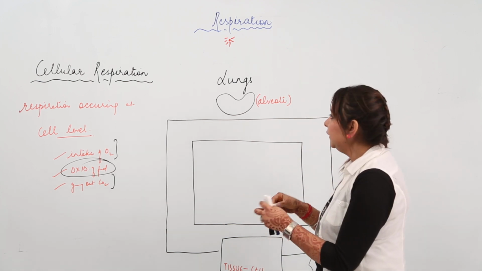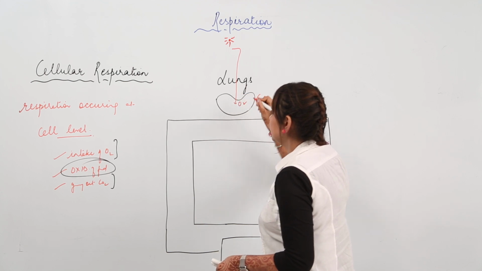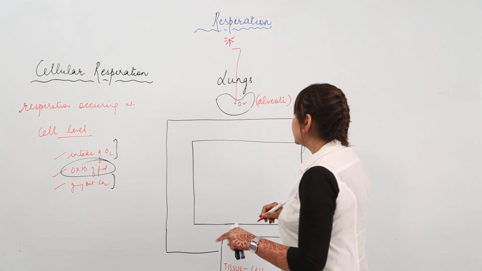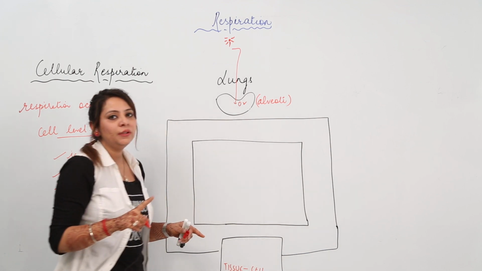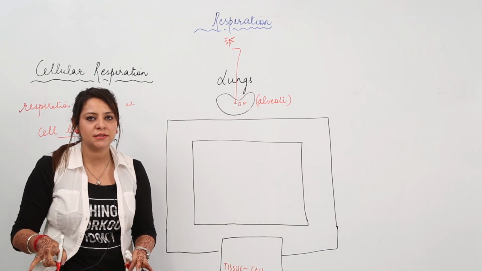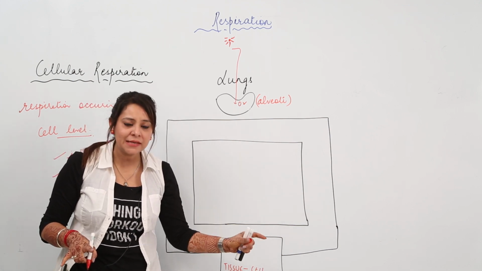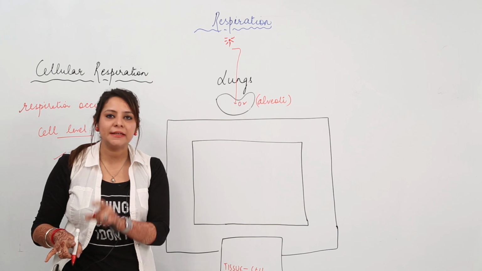So through the respiratory tract, oxygen reaches the alveoli. We also know that diffusion of gases takes place from higher concentration to lower concentration. That means the gas always moves from a region where it is present in excess to a region where it is present in less concentration.